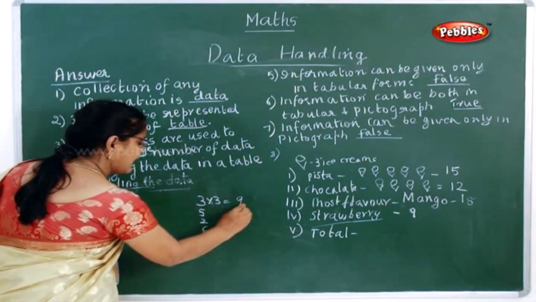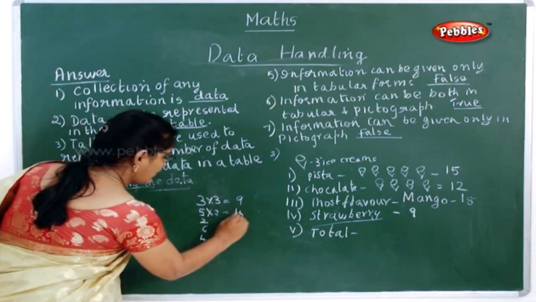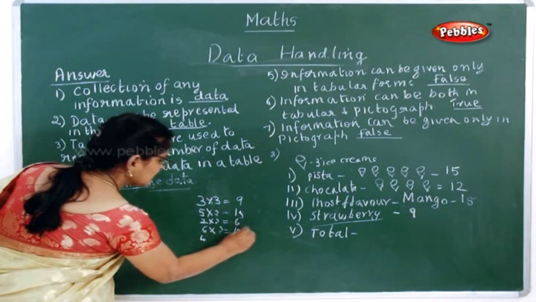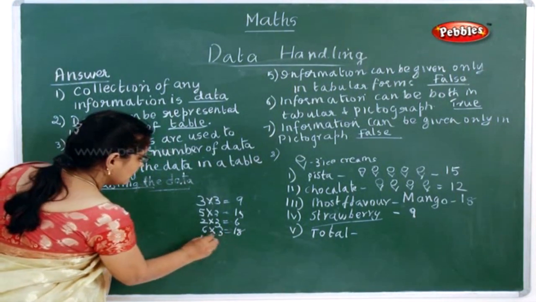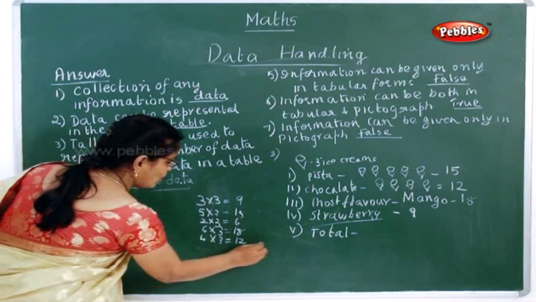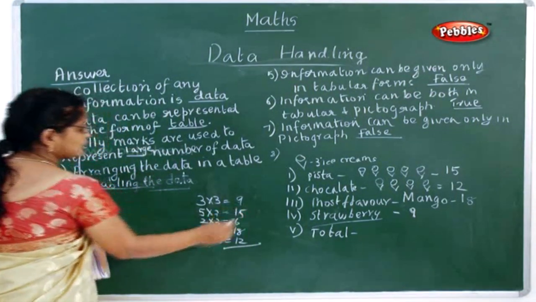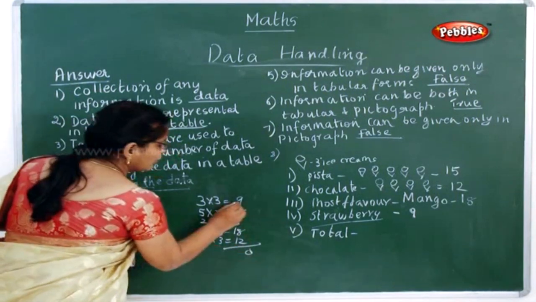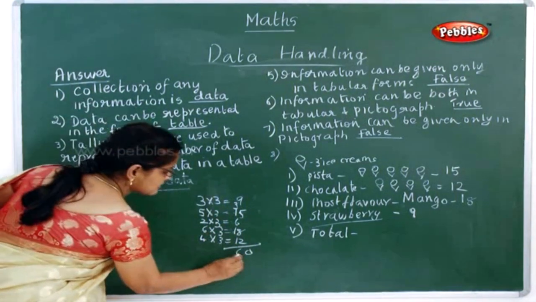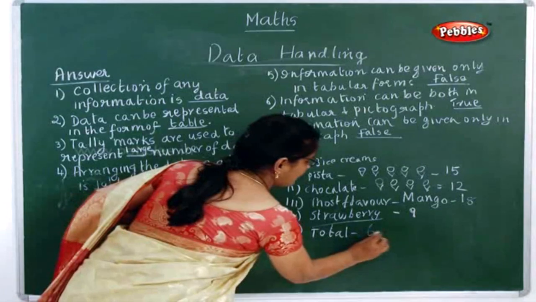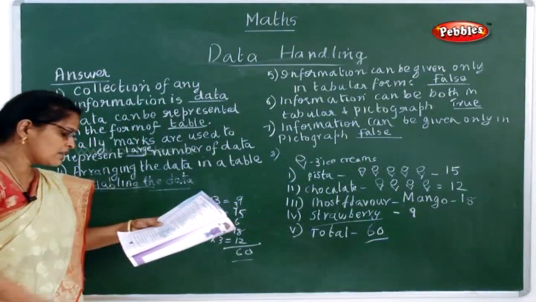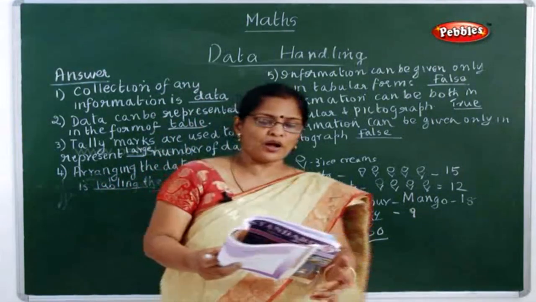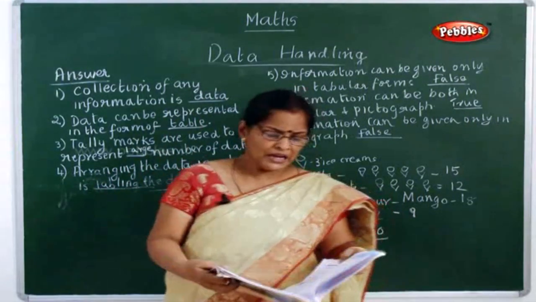So 3 into 3 is 9, 5 into 3 is 15, 2 into 3 is 6, 6 into 3 is 18 and 4 into 3 is 12. Now you have to add this. So what is 9 plus 15? 24, then 30, 48, 60. So you have to write the total number of ice creams sold was 60. So this is how you have to do your sum in data handling.